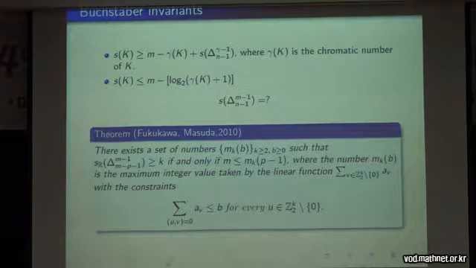In 2010, Fukukawa and Masuda did some research on the real Buchstaber number of skeleta of a simplex. There is a set of numbers mk of p such that the m minus p minus 1 skeleton of the m minus 1 simplex has real Buchstaber number greater than or equal to k if and only if m is less than or equal to mk of p minus 1.